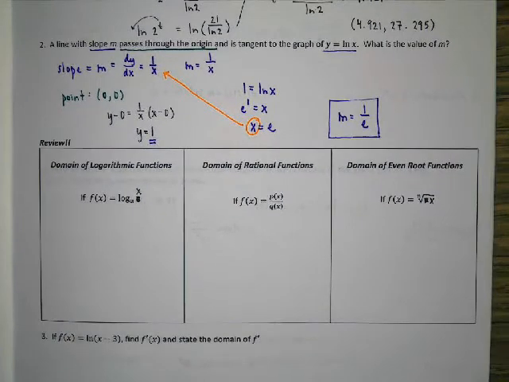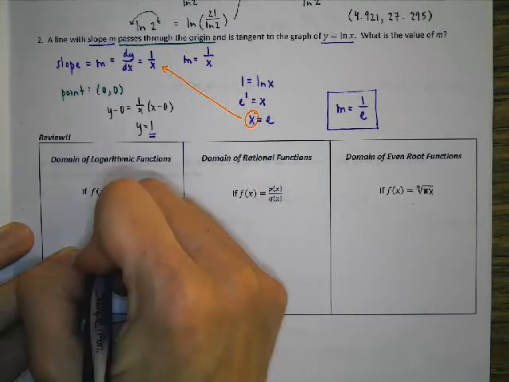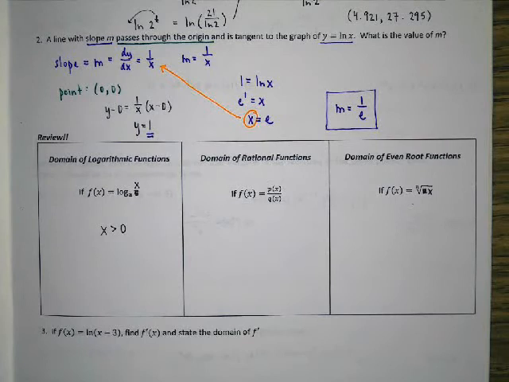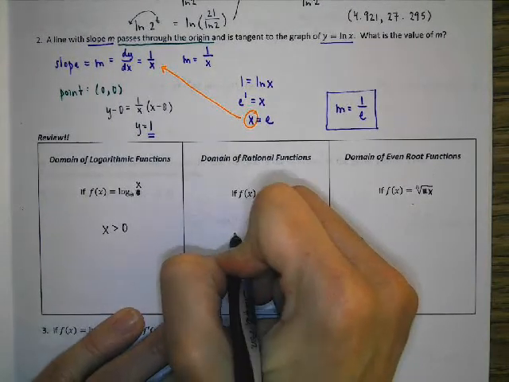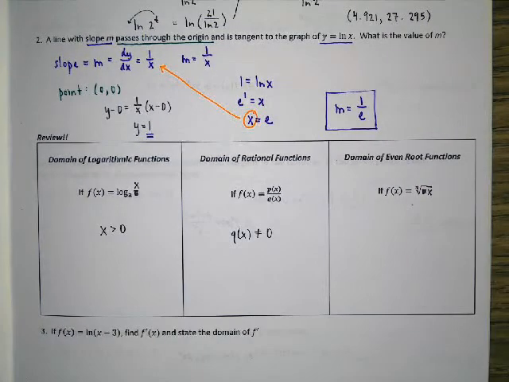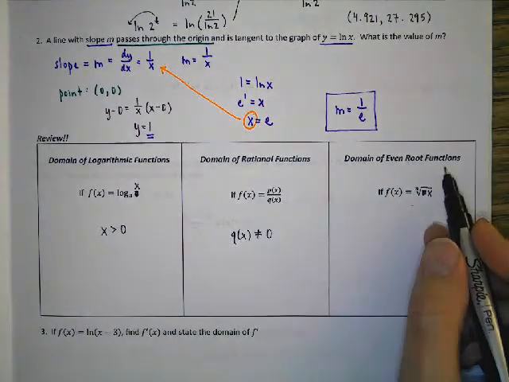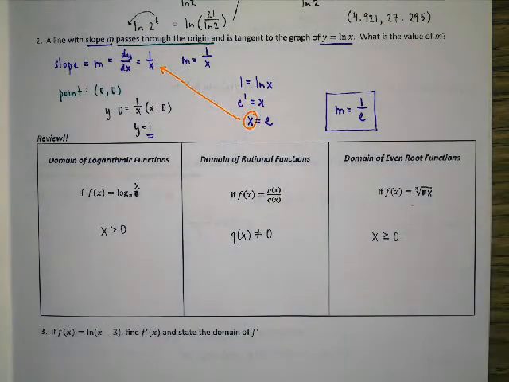Okay, so for domain of logarithmic functions, I know that my x for a logarithmic function has to be greater than 0. For rational functions, we know that our q of x, our denominator, cannot be equal to 0. And if I have an even root function here, I know that x has to be greater than or equal to 0.